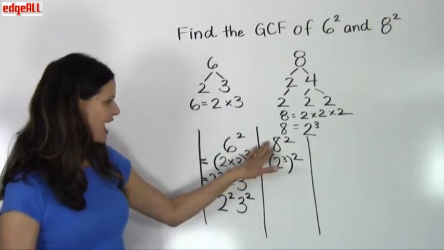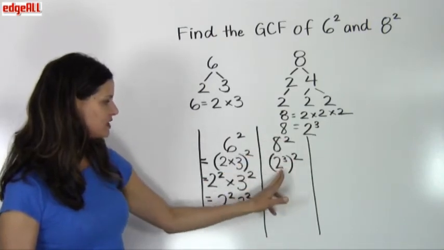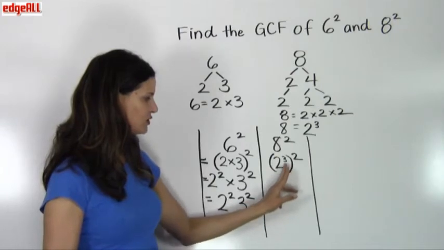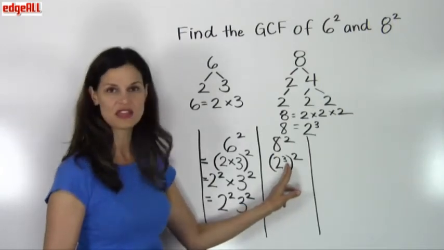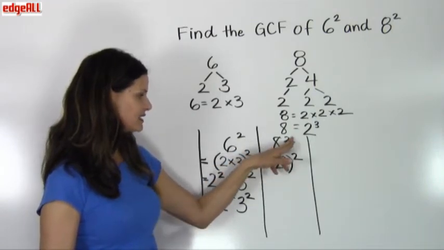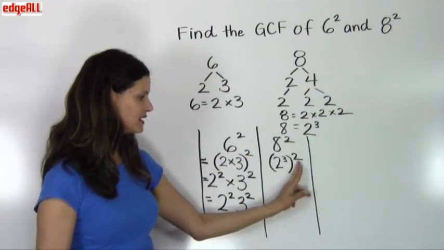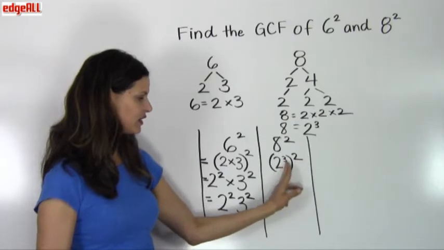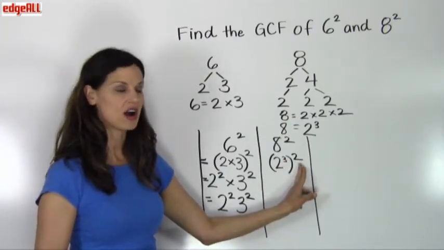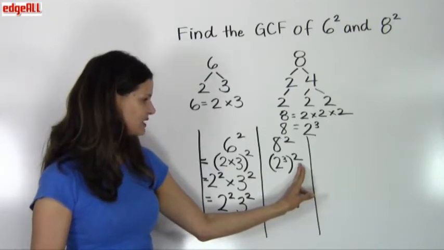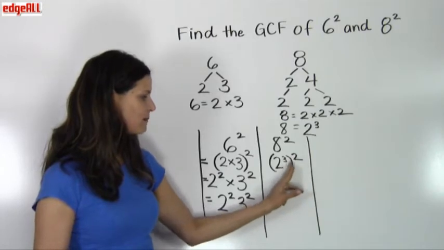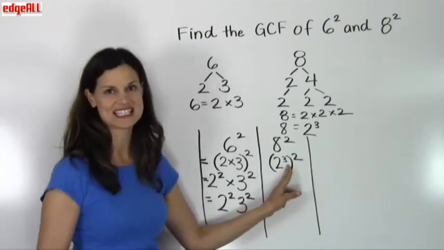And then for the 8 squared, we substituted a 2 to the 3rd power, or 2 cubed, or 2 to the power 3 for the 8. But then that 8 itself is squared, so we have to make sure we also raise this 2 to the 3rd power to the power 2 as well. And with our rules of exponents, 2 to the power 3 raised to the power 2, we multiply our two exponents together.